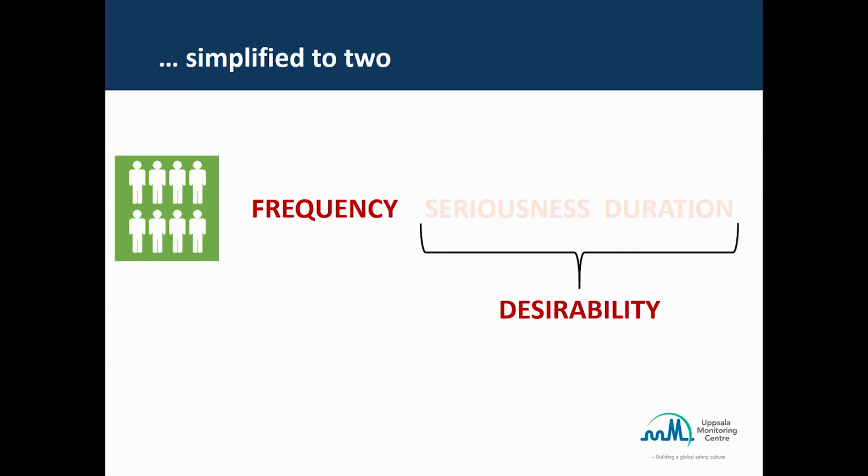This may feel awkward or strange at first, but if you think about it, it's really not that strange. And the reason that I do this aggregation of these two is because many methods that are proposed in benefit-risk assessment are based on two rather than three dimensions, and we'll get to this later and look at it in more detail.